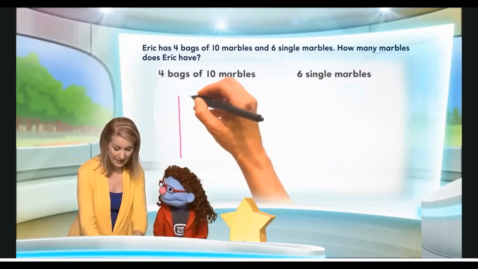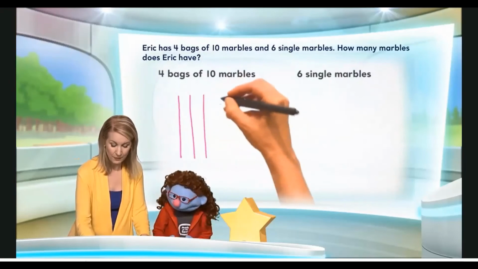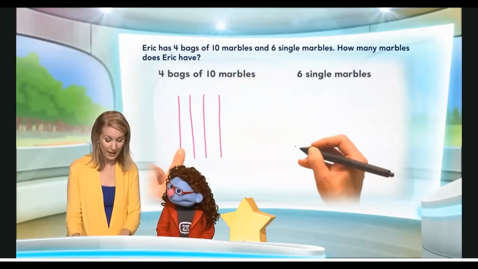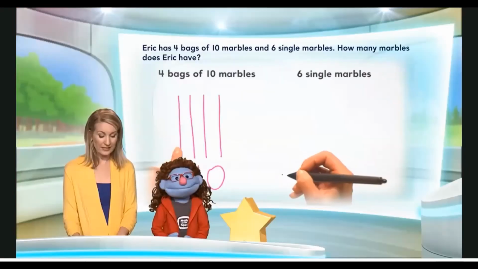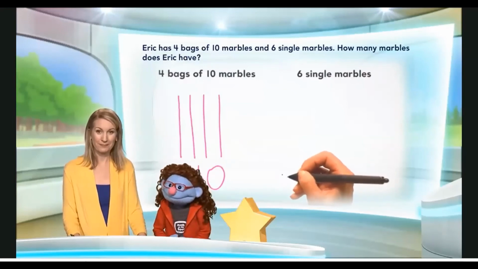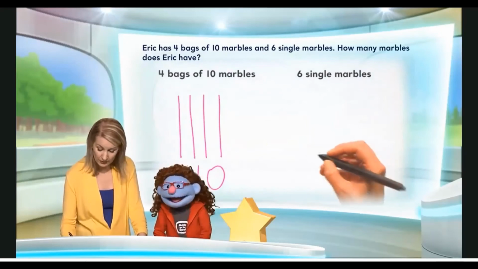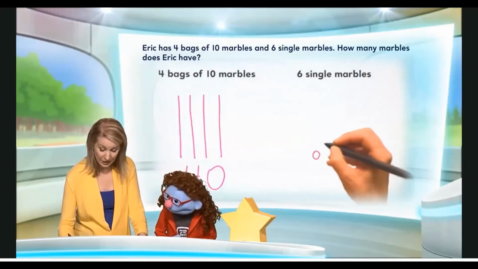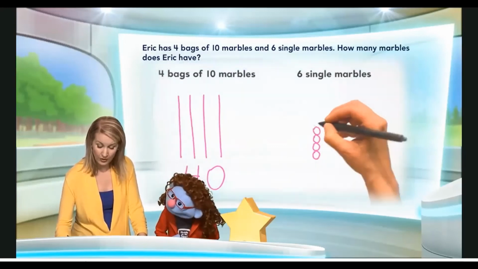Perfect. So this is 10 marbles, 20, 30, 40. 4 bags of 10 marbles is how many marbles? 40. 40 marbles. 4 tens is 40. Okay, 6 single marbles. So that means really actually our quick picture looks just like the marbles would look, wouldn't it? 3, 4, 5.